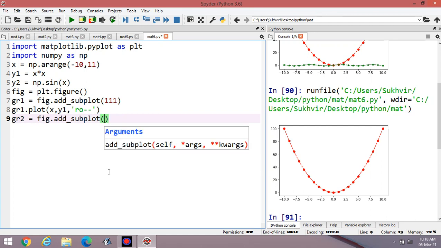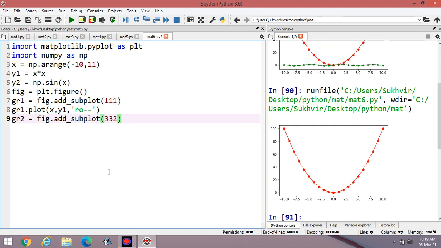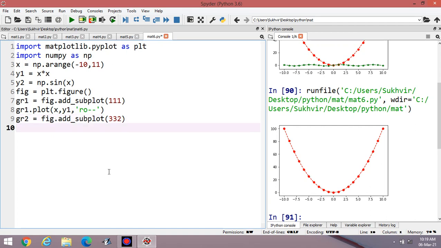Let the location be 332. Now what is the meaning of 332? I am going to divide this block into 3 into 3, means 3 rows and 3 columns. I am going to divide this into 3 boxes, or you can write 2 into 3, 2 rows and 3 columns.